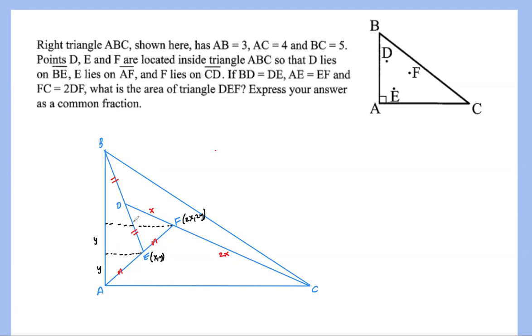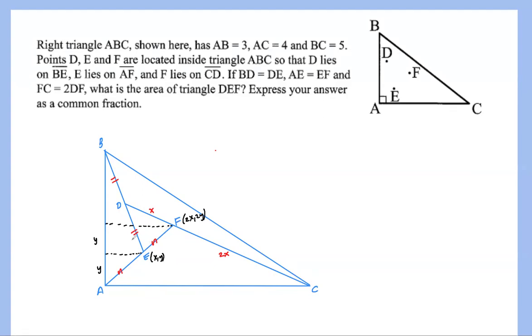We also know that if you look at this triangle, the ratio is 1 to 2x. So if you extend this triangle and make similar triangles, this triangle and this larger one have a ratio of 1 to 3, and that is going to be the same as their coordinate ratios as well.